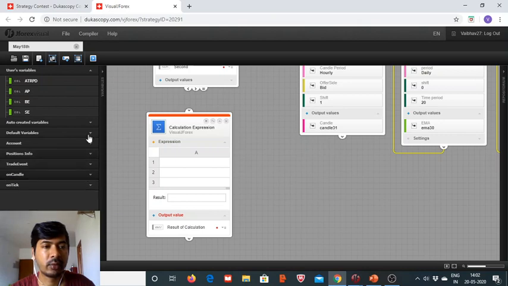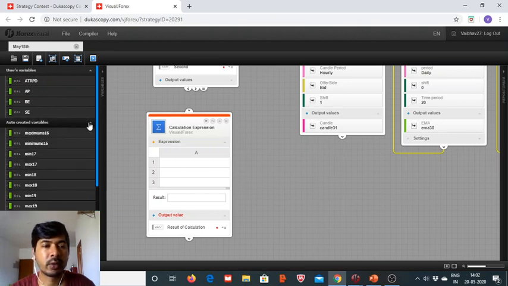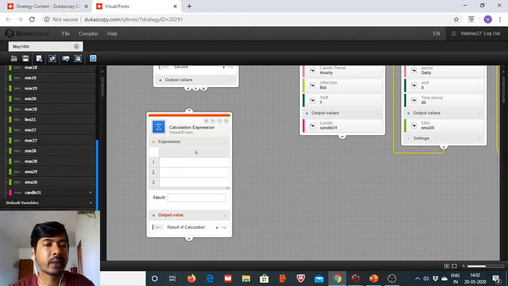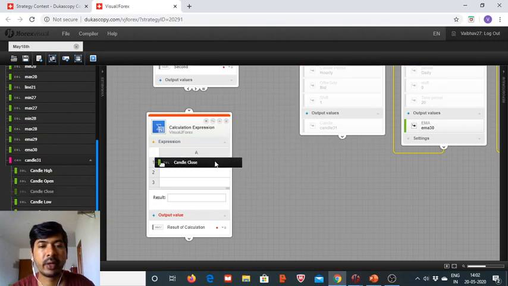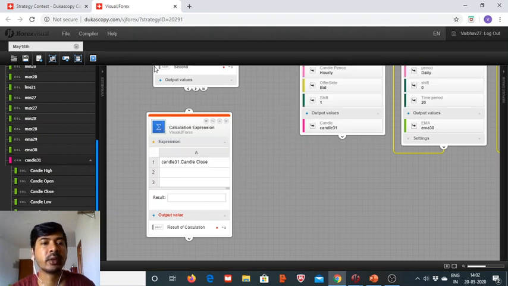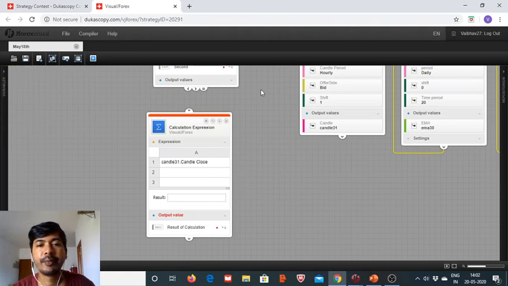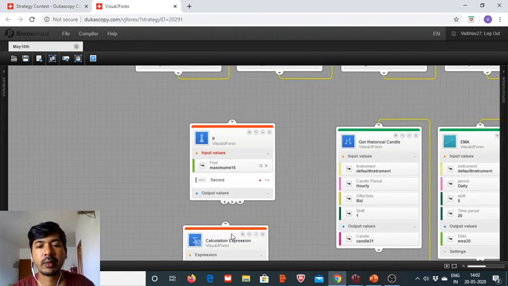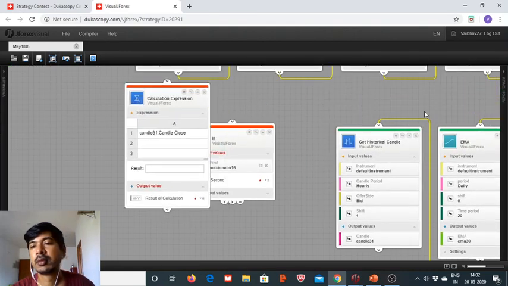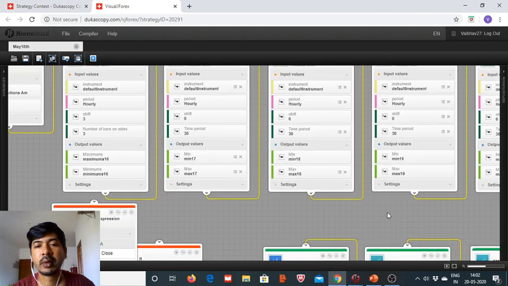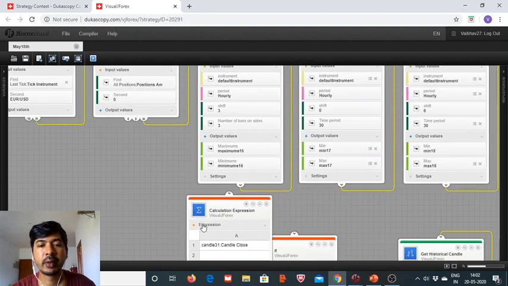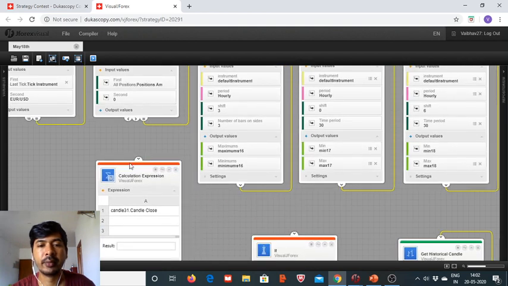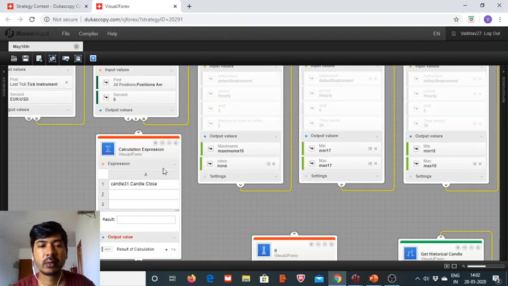auto created variable. We take candle 31's close and we deduct the fractal's minimum, and the fractal's minimum value is here, minimum 16.